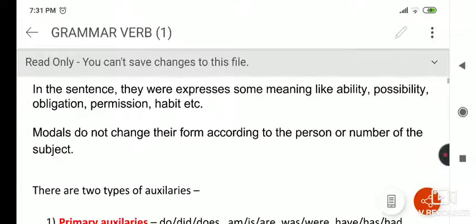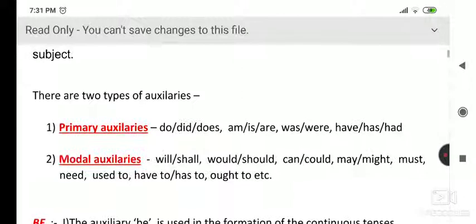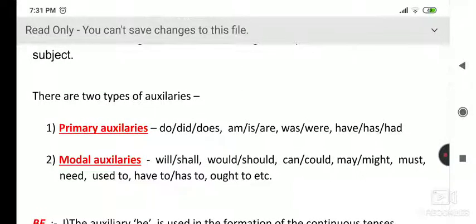With the help of these auxiliaries: will, shall, would, should, can, could, may, might, must, need, used to, have to, has to, or ought to. So these types of auxiliaries we can use in sentences.